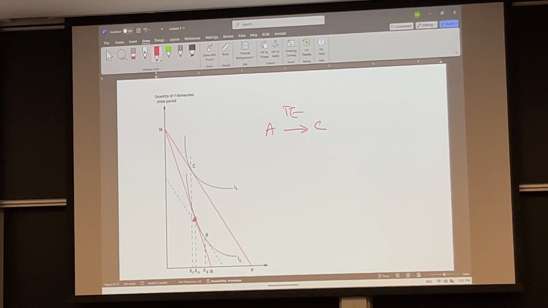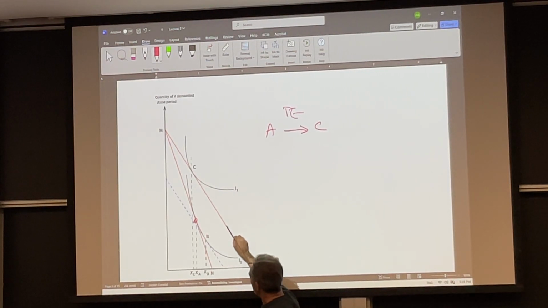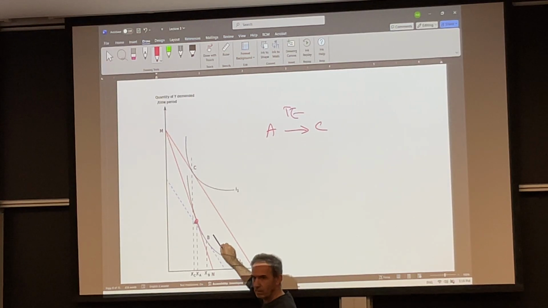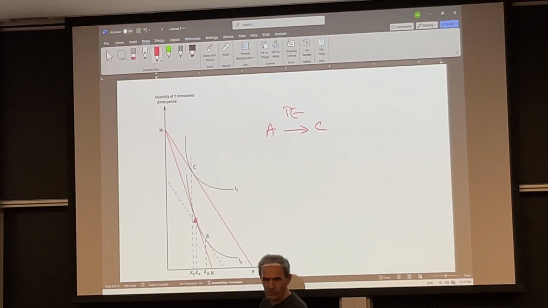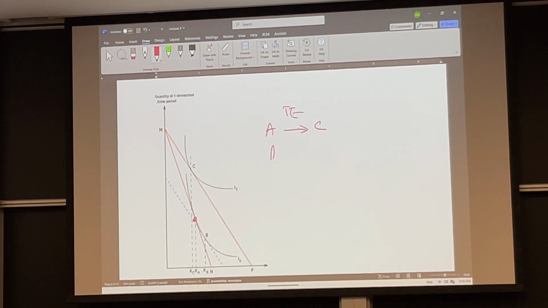I took the new budget line and brought it back. That is an attempt to eliminate what effect? Income. So point B isolates what effect? What is A to B? A substitution effect, because I got rid of the income effect. I shifted the budget line backward, eliminating the extra purchasing power.